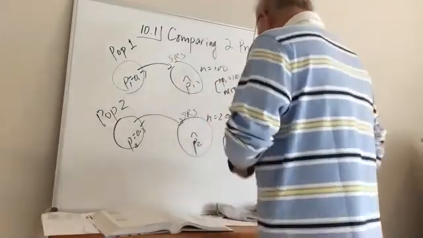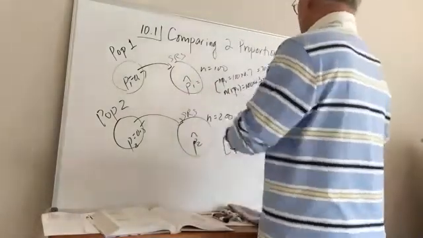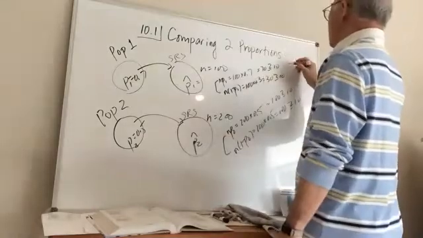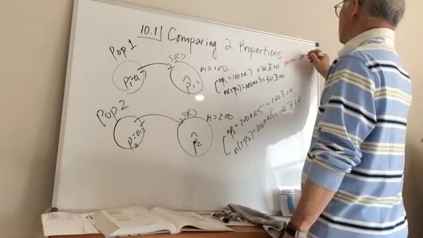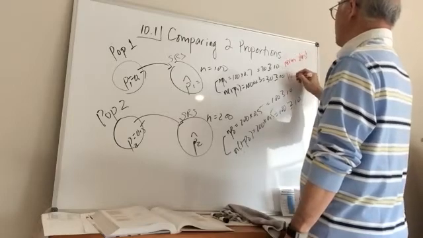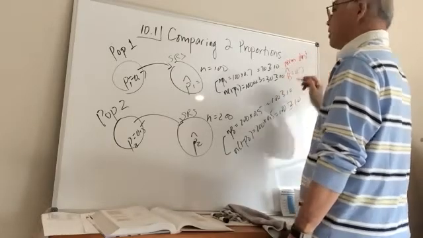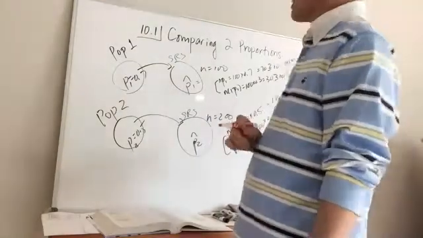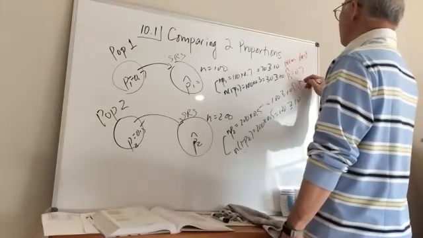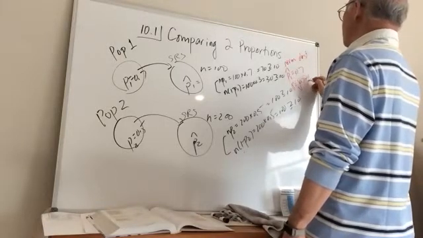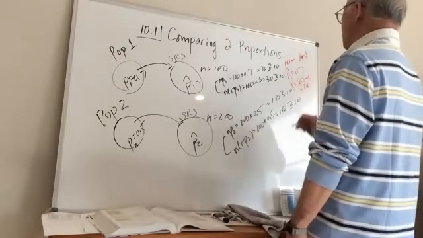So we're going to conclude that for sample 1, we have a normal distribution with p̂1 being 0.7 because it's an unbiased estimator, with a sigma of the square root of 0.7 times 0.3 divided by n, which is 100.